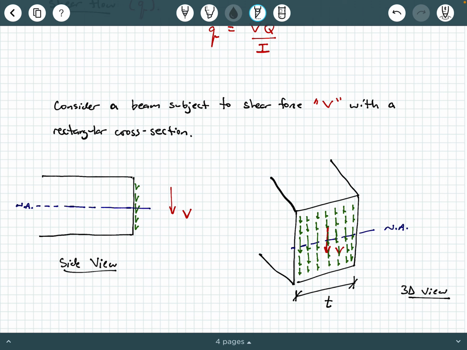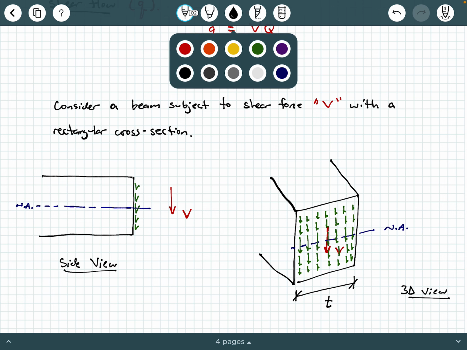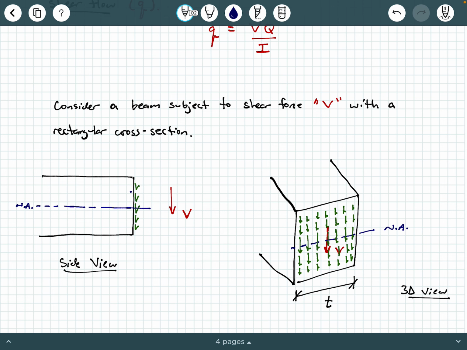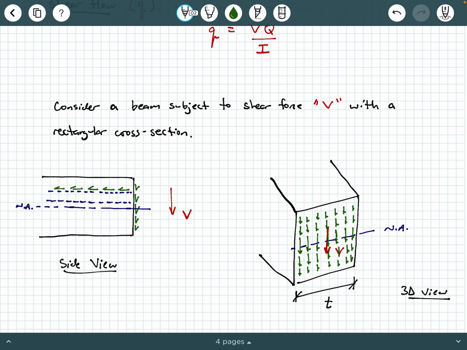Okay, so it turns out that at any longitudinal line along the length of the beam, that shear stress is going to be transmitted longitudinally like this through the fibers of the beam.